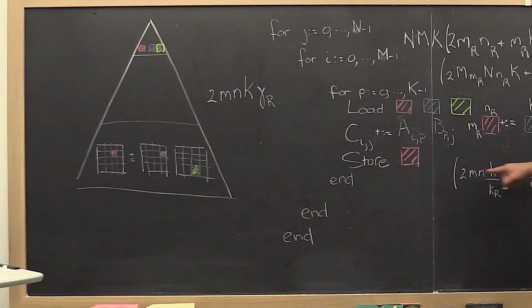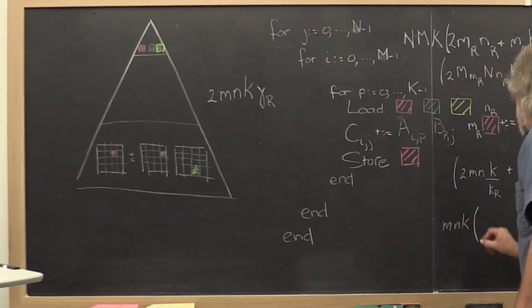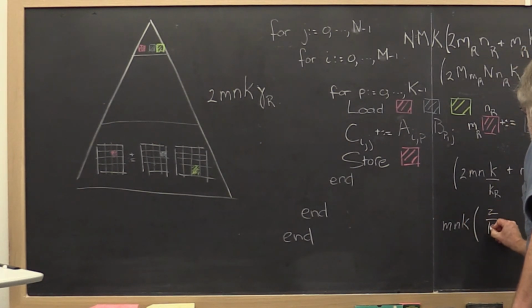And of course now we can pull the m, n, and k out, and we get m n k times 2 over kr plus 1 over nr plus 1 over mr, times beta R M.